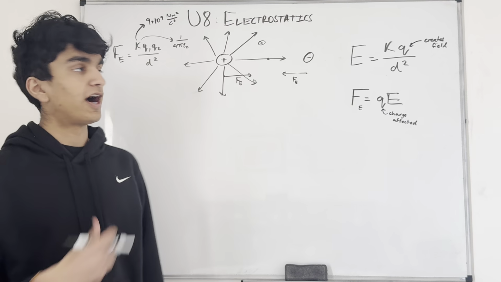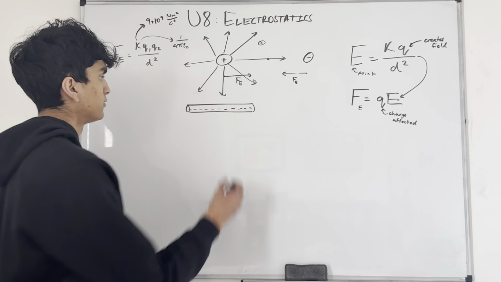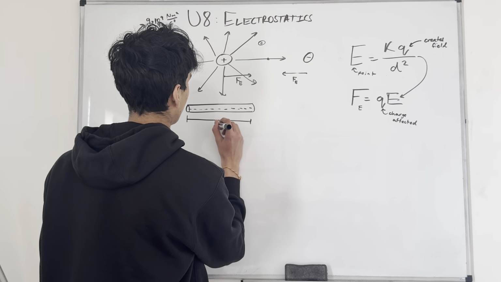This is a thin rod. We don't have to worry about it being a thick rod with a bunch of charge in the middle. It has charge linearly distributed over this length L, and let's say it has a charge Q. I want to figure out what is the electric field at a point R away from one end.